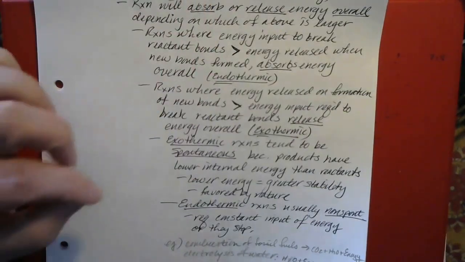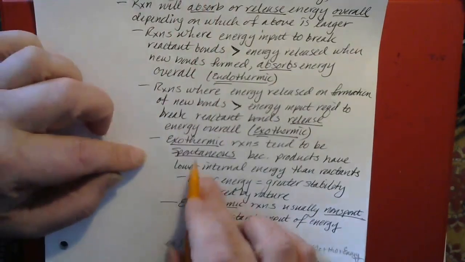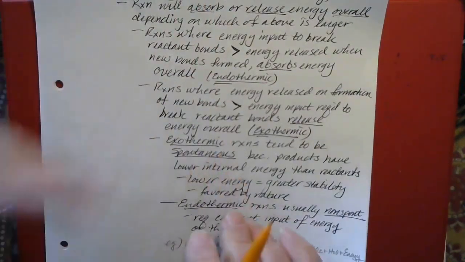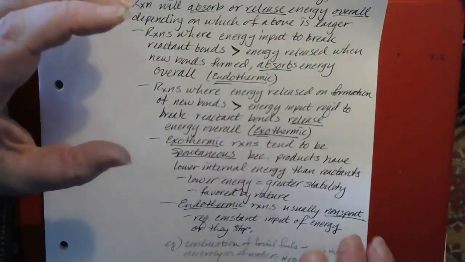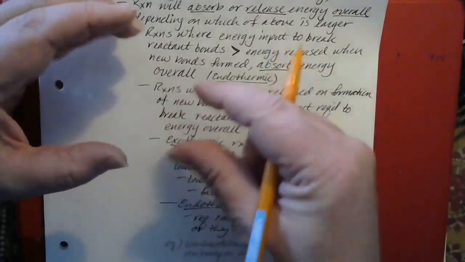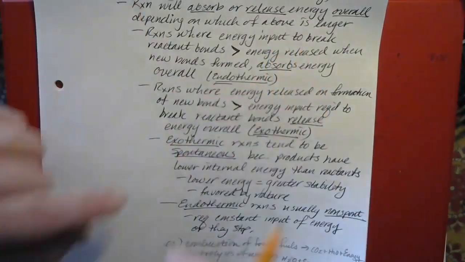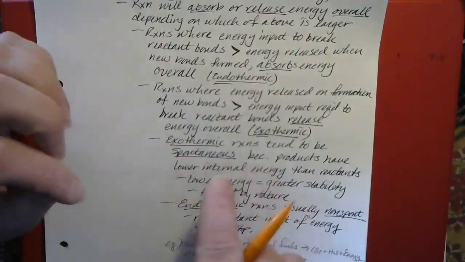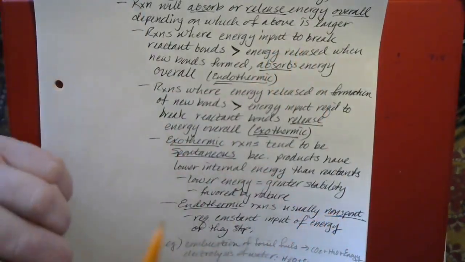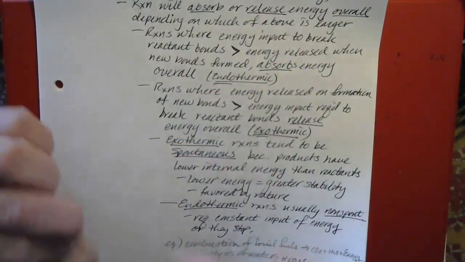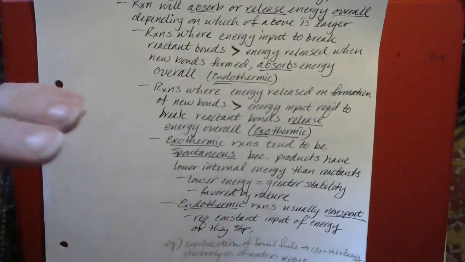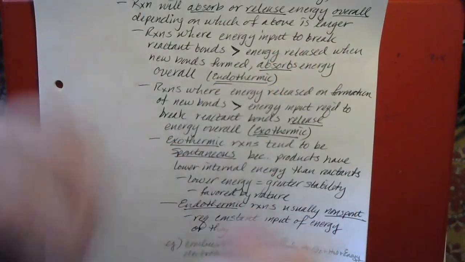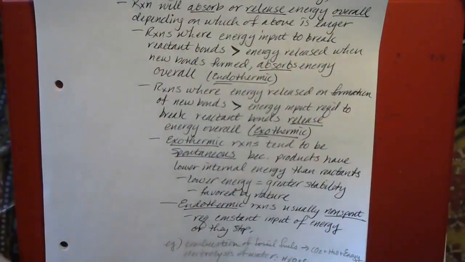And so exothermic reactions, that is reactions where the reactants have a lot of energy stored up in their bonds and the products have much less energy stored up in their bonds, tend to be spontaneous because they're going in the direction that nature wants them to go. They're going from high energy to lower energy, and that's accompanied by a release of the excess energy to the environment.